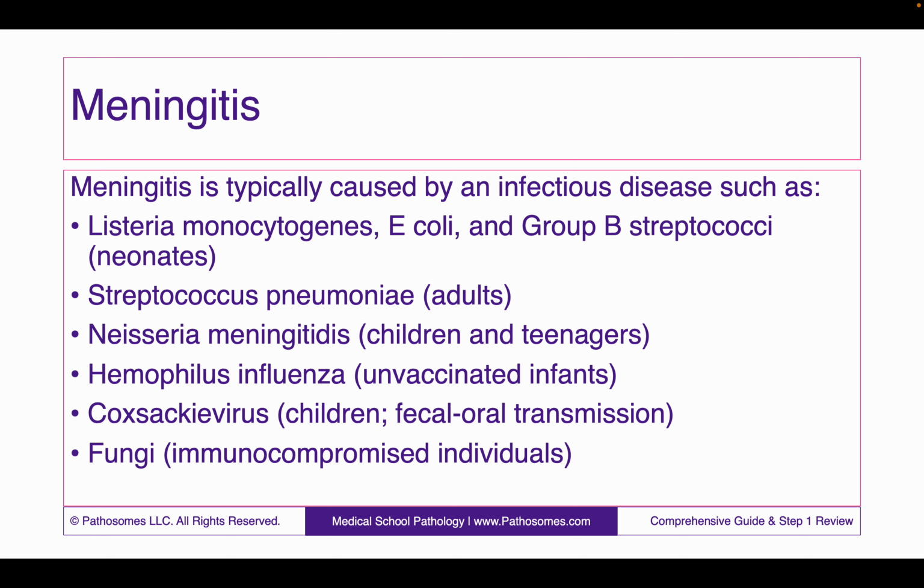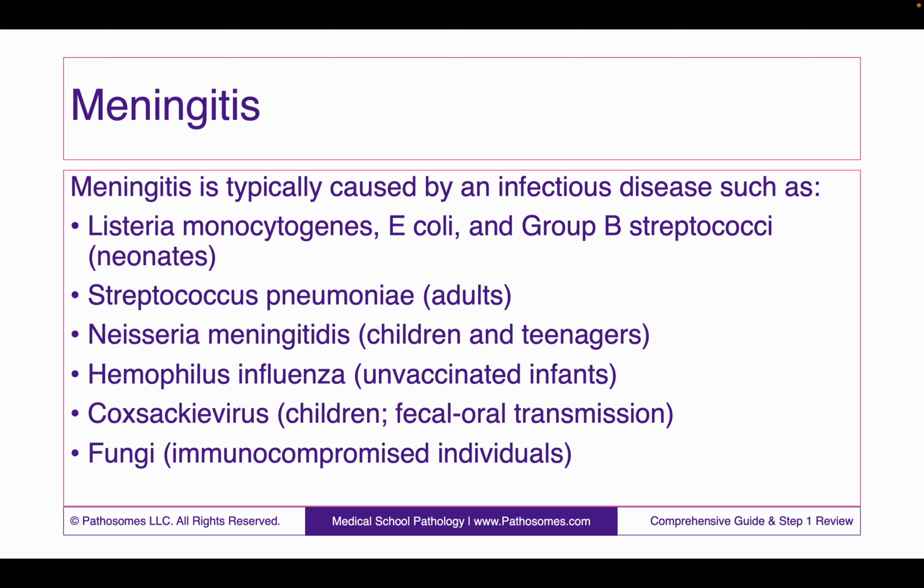If an adult has meningitis, think Streptococcus pneumoniae. If it's a child or a teenager with meningitis, think Neisseria meningitidis. If it's an unvaccinated infant with meningitis, think Haemophilus influenzae.